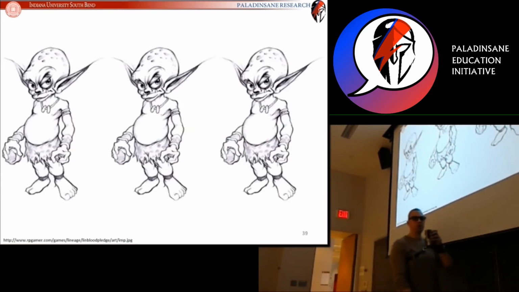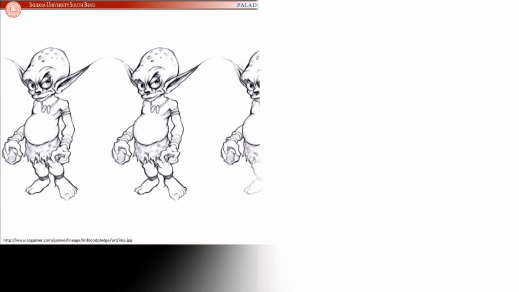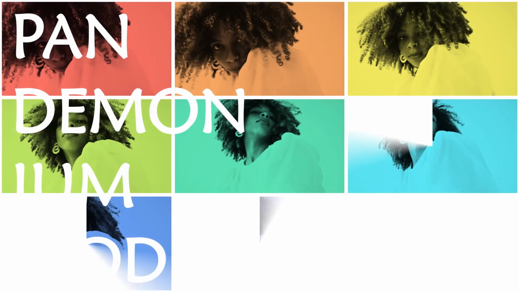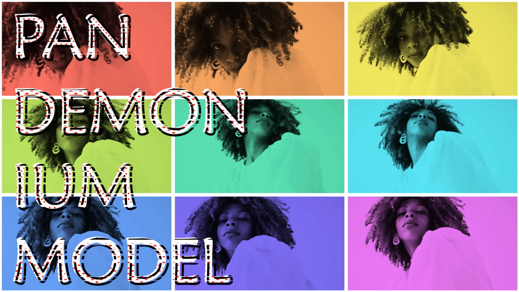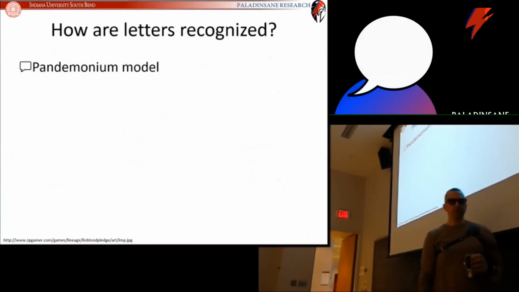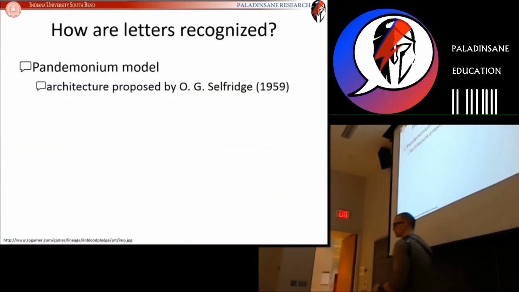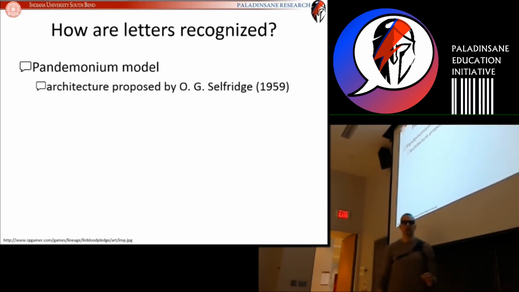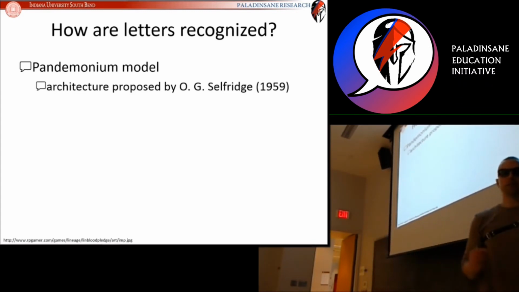This is the Pandemonium Model. So the Pandemonium Model was proposed by Selfridge back in 1959.